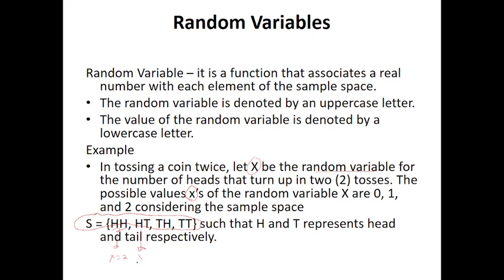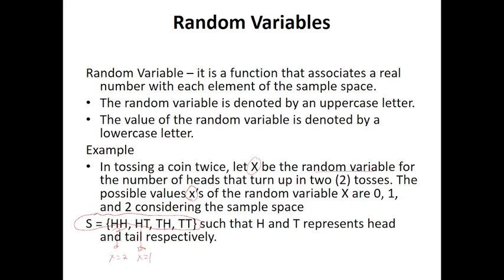Therefore, the value of the random variable is 1 because the random variable concerns the number of heads that turn up. So in two tosses of a coin, one head turns up.